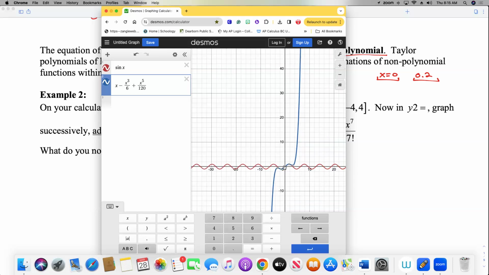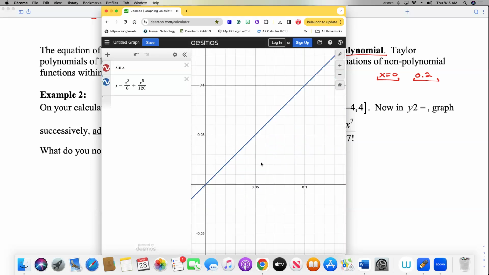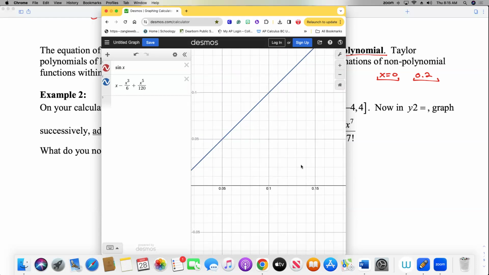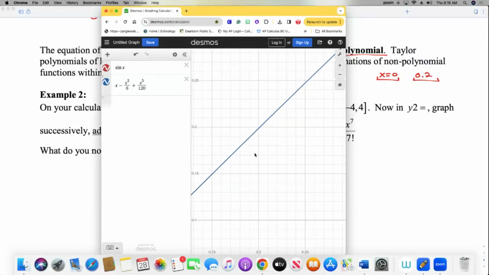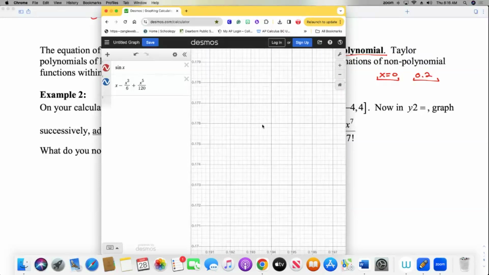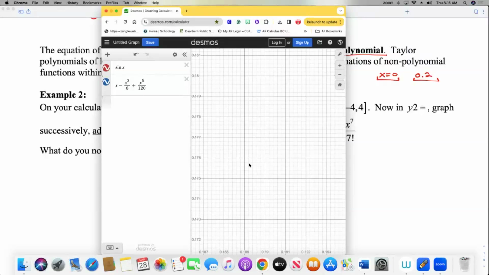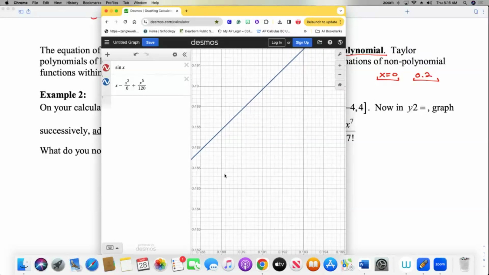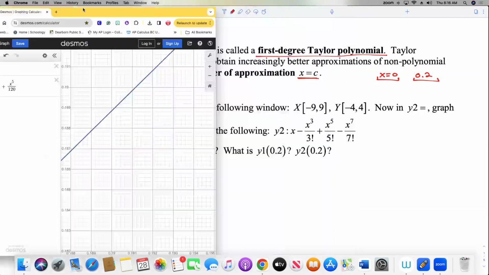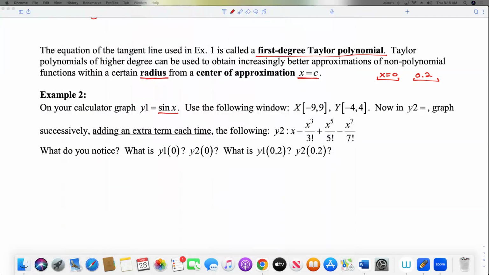So now if I zoom in at 0.2, they're basically the same exact function. So that approximation is going to be even better. And every time you add a degree to your Taylor polynomial, your approximation is just going to be that much better.